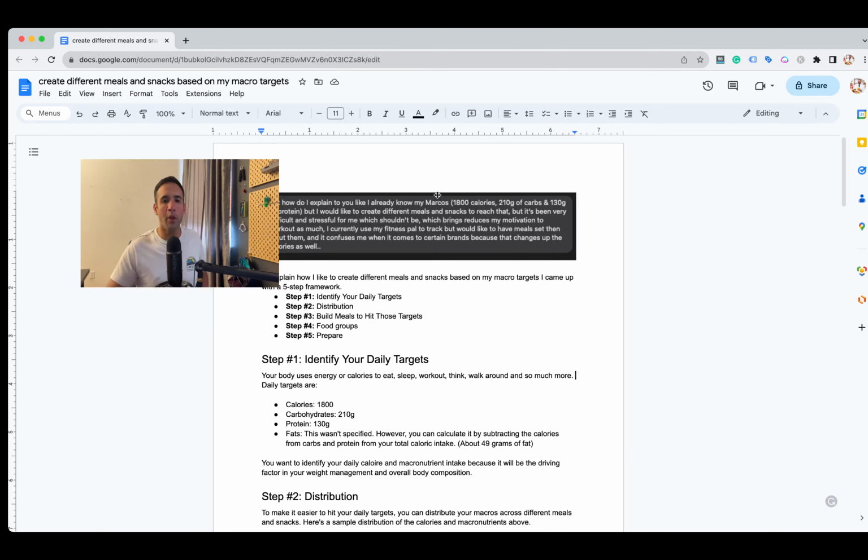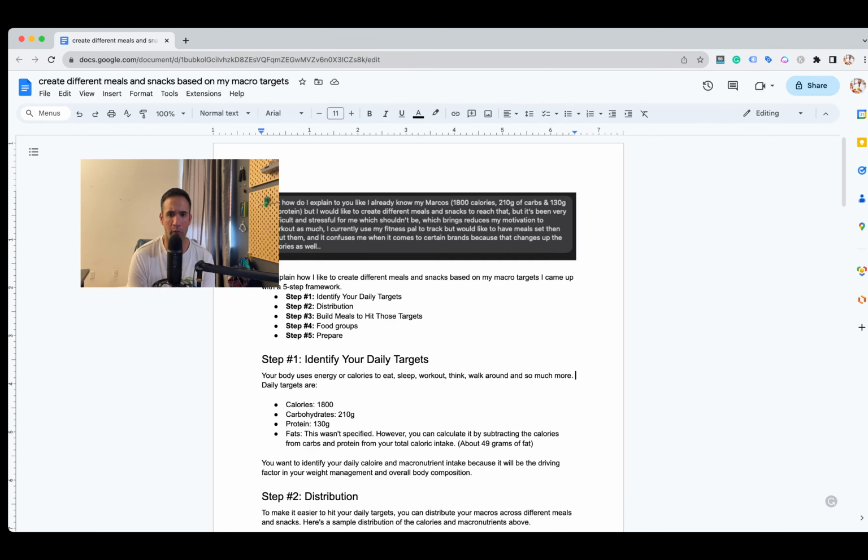I went ahead and put the question here that I got via text message. Let me go ahead and read this to you. How do I explain, I already know my macros, 1,800 calories, about 200 grams of carbohydrate, and 130 grams of protein, that to reach that has been very difficult and stressful for me, which it shouldn't be, which reduces my motivation to work out.